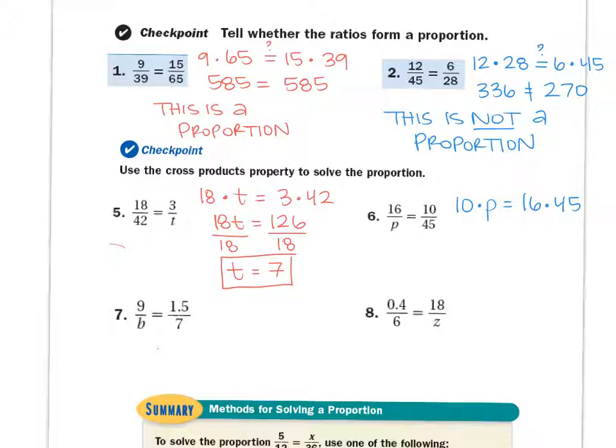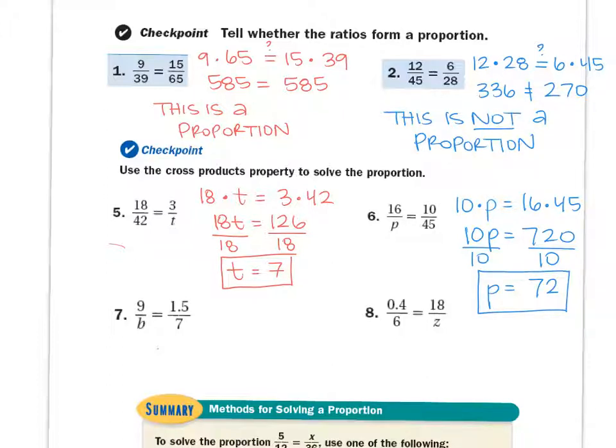Well, 10 times p is just 10p. 16 times 45 is 720. What operation is happening between the 10 and the p? It's multiplication. So I undo it with division. 720 divided by 10 is 72. And so p equals 72.